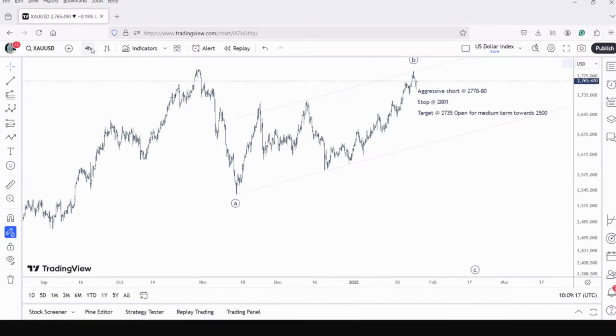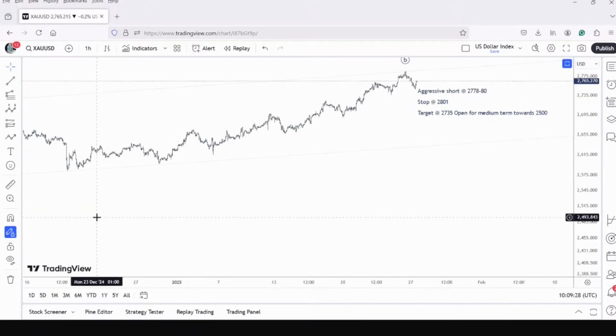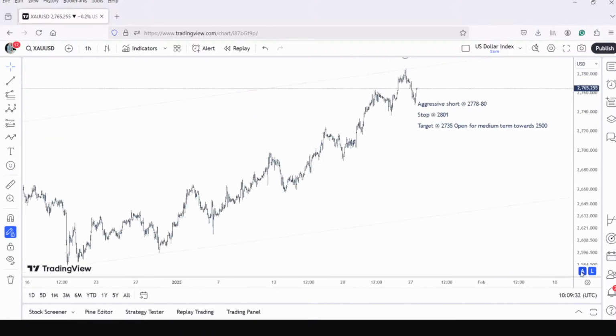Let me flip the chart to an hourly. Prices dropped almost to 2750 after the Tokyo Sydney overlap, which is absolutely in line with expectations.